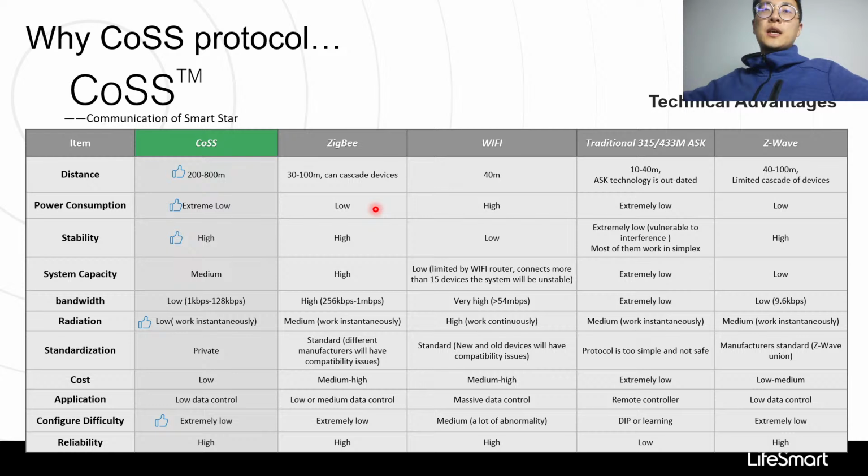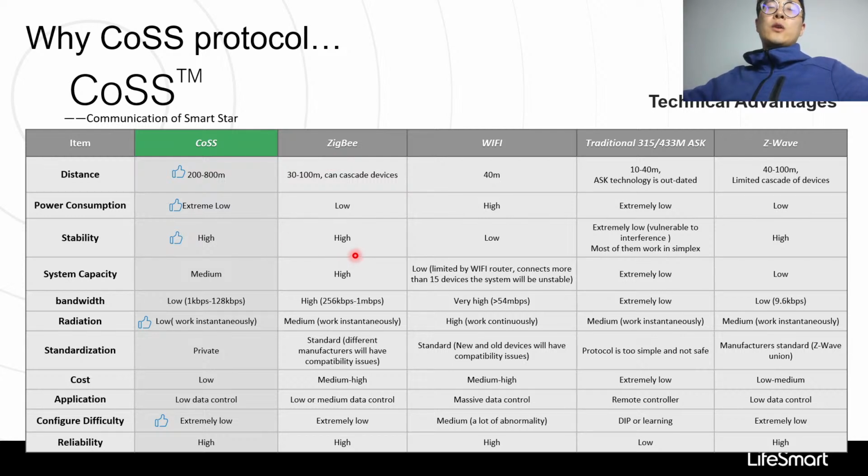So they tested with Zigbee. Zigbee is okay, but sometimes they found weaknesses in Zigbee. And because Zigbee is an alliance, they cannot modify the weaknesses of the protocol by themselves. That's why they decided to develop their own protocol, which is COS, Communication of Smart Star. So you can see the benefit over Zigbee here.